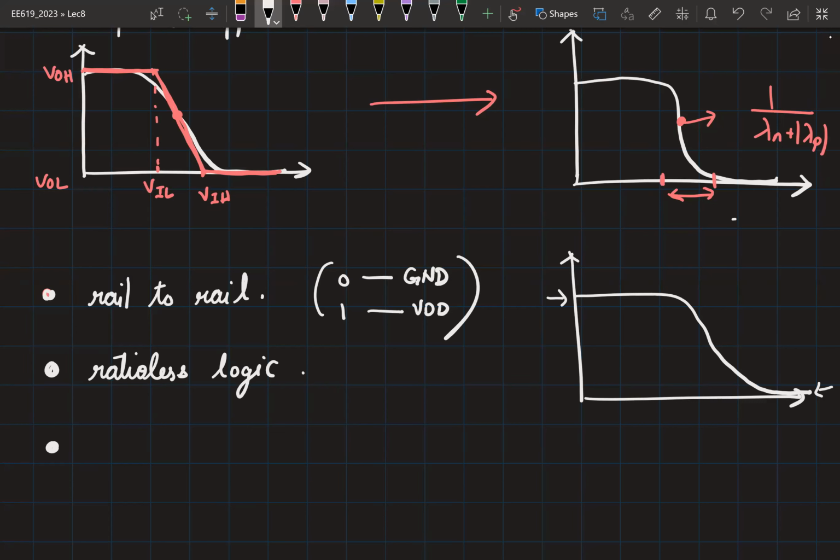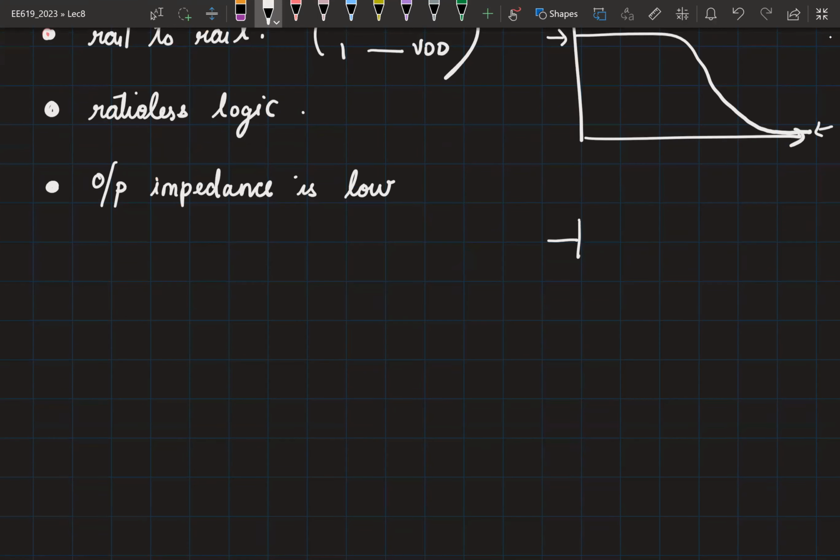Now the third part is that the output impedance at any point under steady state is very low. For example, let's assume that we are talking about an inverter where the input is VDD and the output is 0. So basically the PMOS is off, which means there is no path between VDD and ground, and the NMOS is on, right?